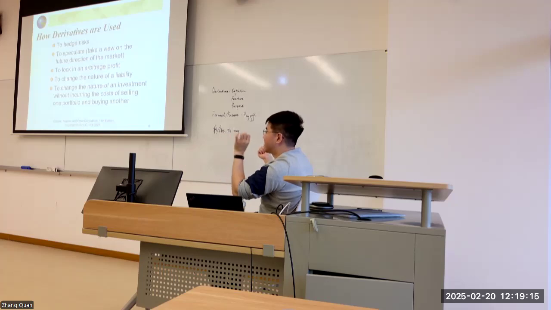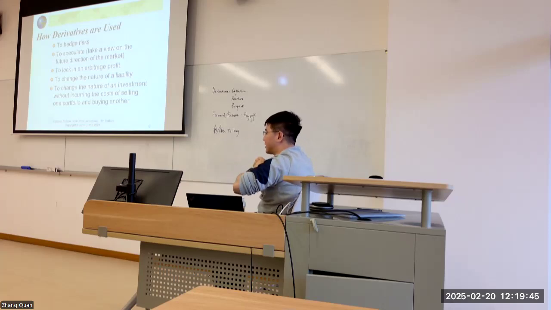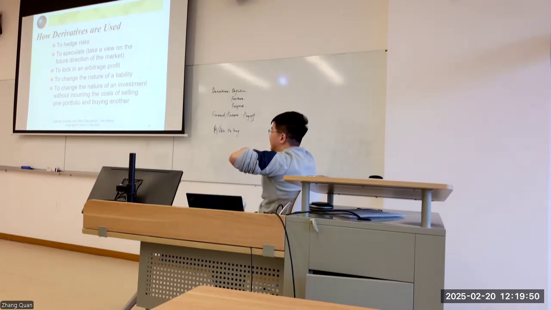You tend to purchase as much as you can in the place with a lower price and try to sell it at the higher price. In the place with lower price, since you purchase a lot, you raise the demand. What is the consequence? The price rises. And in the place with a higher price, you sell a lot, so supply tends to be higher, and the price will drop. By the end, because of all your transactions, the price gap will shrink.